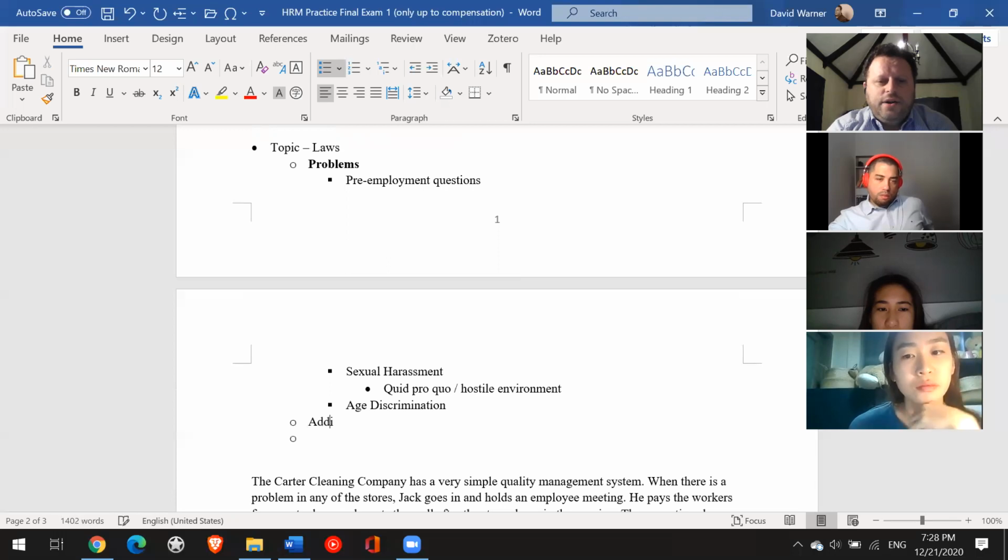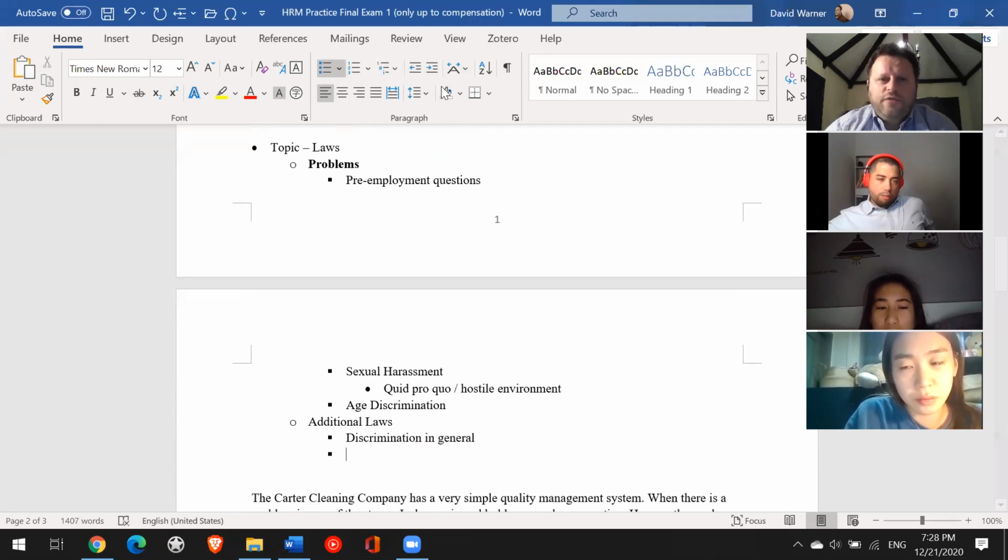Then I might add additional laws. The additional laws, then I would talk about, let's see, discrimination in general. And for discrimination in general, I'd probably talk about, what was the first one?